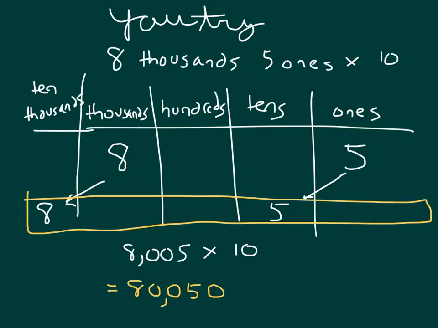So that we have the number 80,050. 8,005 times 10 equals 80,050, where those 8 thousands times 10 does equal 80,000, and put it together with those 5 ones times 10, which does equal 50.